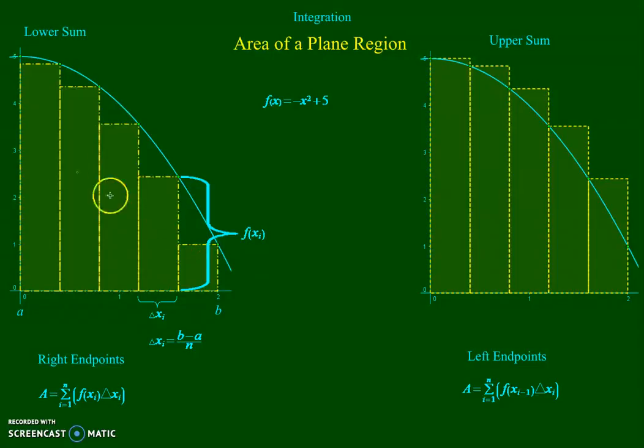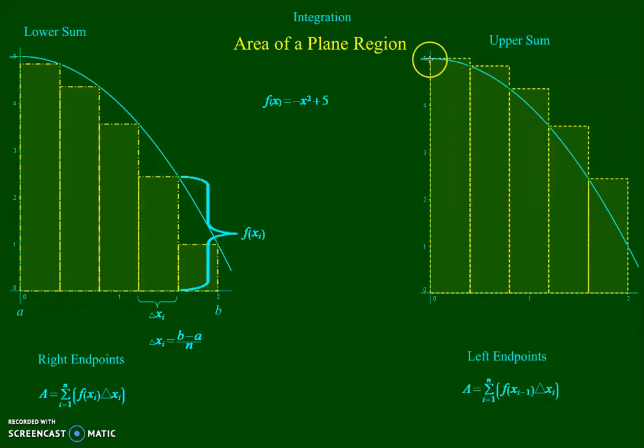This type of summation, where we sum the areas of rectangles, is what's known as a lower sum, because in this case the function is decreasing here and we're using right endpoints. You can see that there's pieces missing of the area. So this summation of these areas of these rectangles is always going to be a little bit lower than the actual area under the curve.